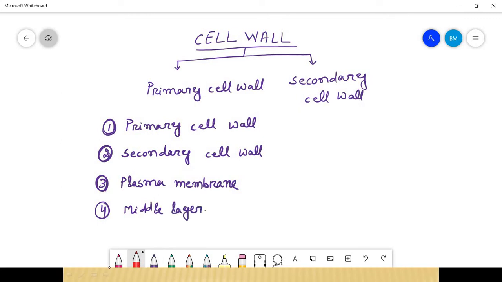Here I am going to draw it. This one is the inner one of the plant cell. This is the plasma membrane. After the plasma membrane, the secondary cell wall is present, which protects this plasma membrane.